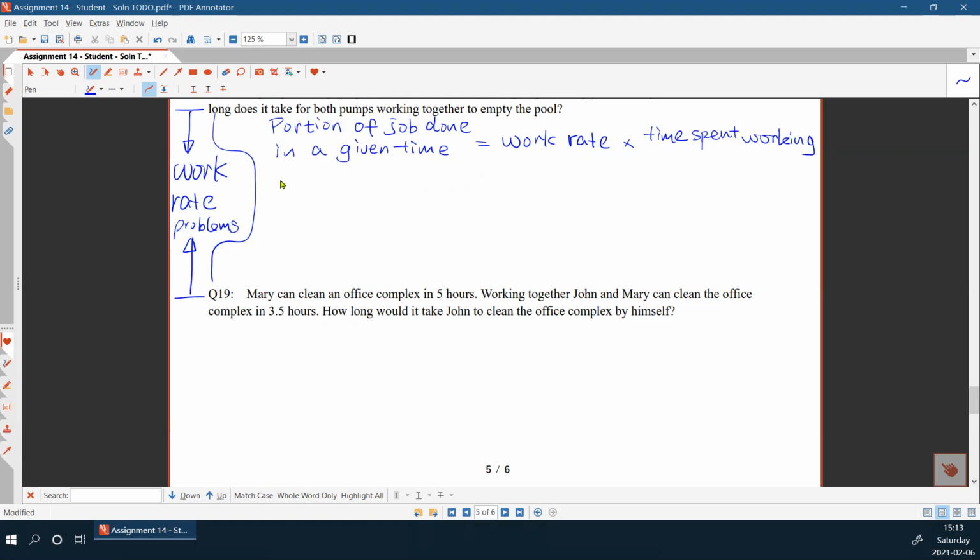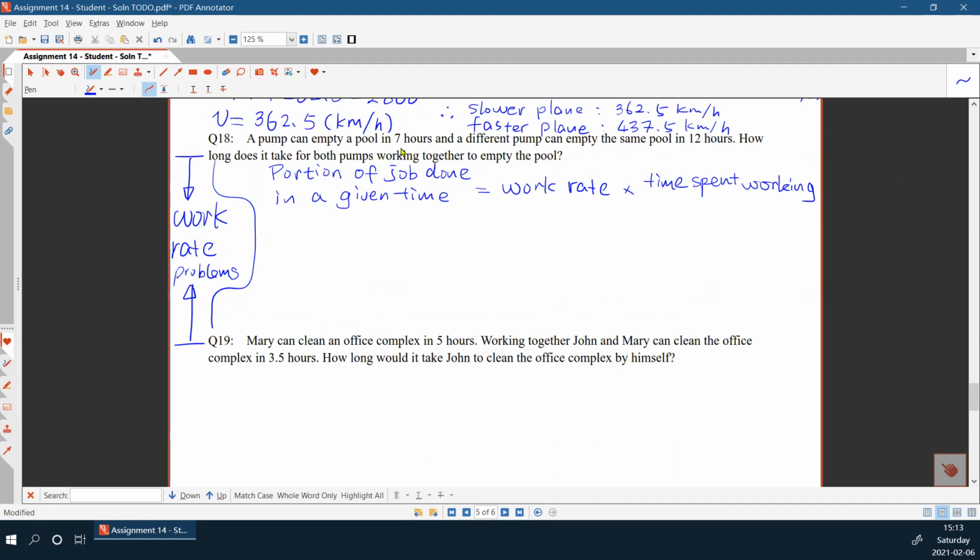Okay, so now you know that pump A can empty a pool in 7 hours. So that means pump A's work rate is 1 pool over 7 hours, right? That means for each hour, it can empty 1 over 7 pool, right?